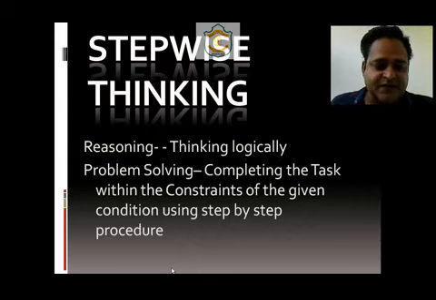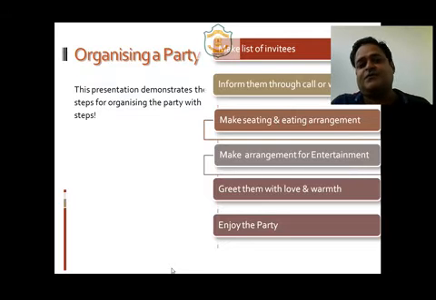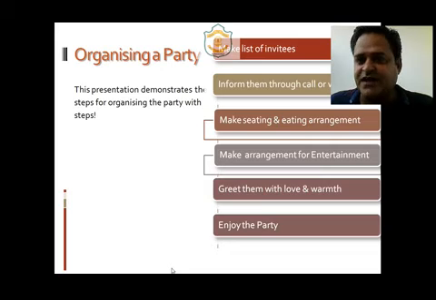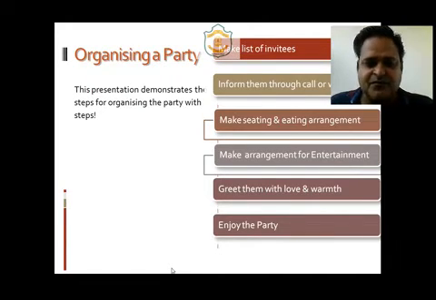So as given in the book, you can have a look at these steps. First step, make the list of invitees, to whom you want to invite, to whom you want to be part of your party. Make a list of that, inform them through call or WhatsApp. This is the second step. In order to organize a party, these are the basic things.